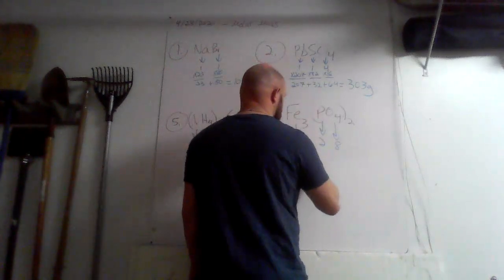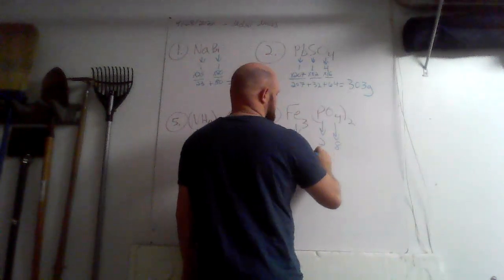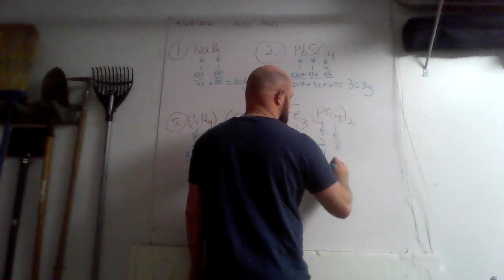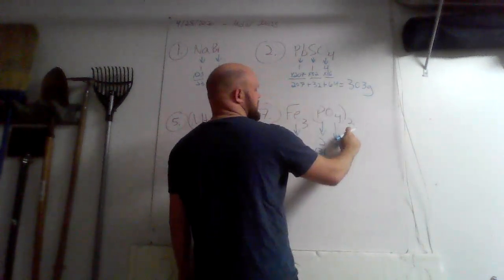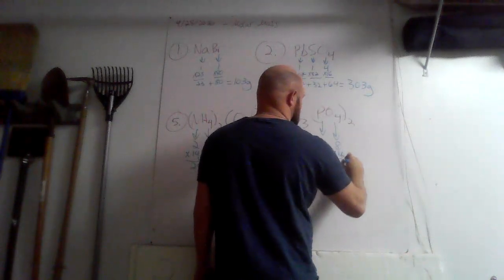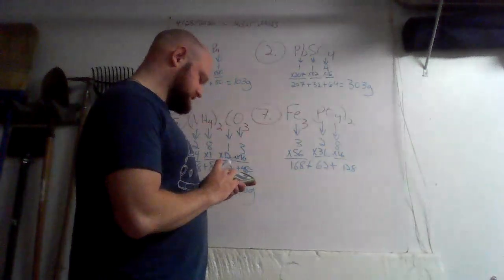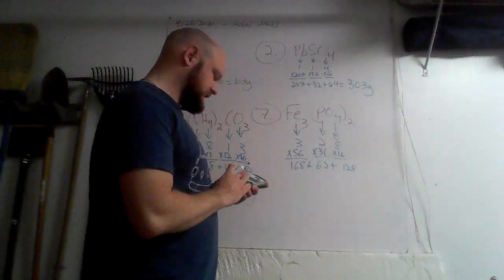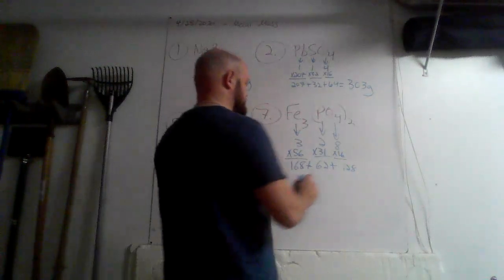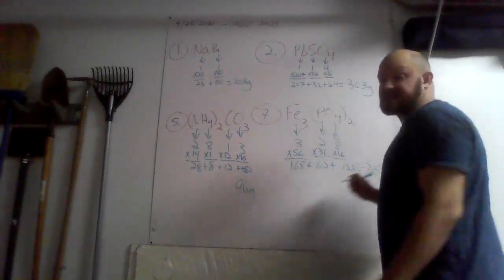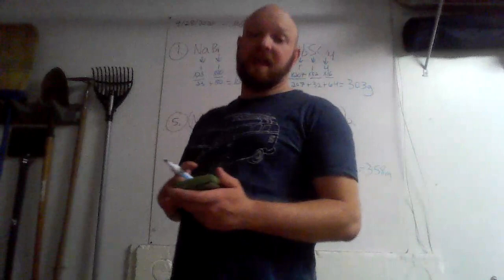It's 168. 2 times 31 is 62, plus 8 times 16 is 128. So 168 plus 62 plus 128 will give me 358 grams. Pretty easy.